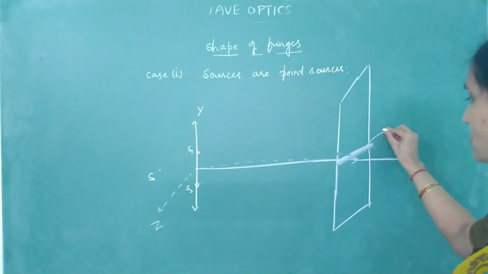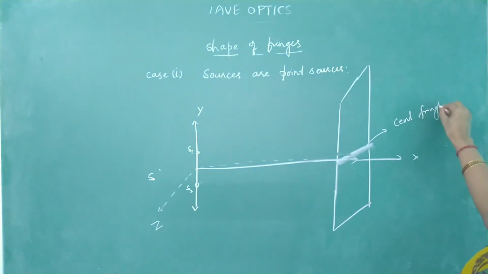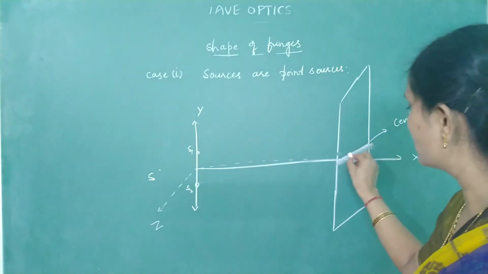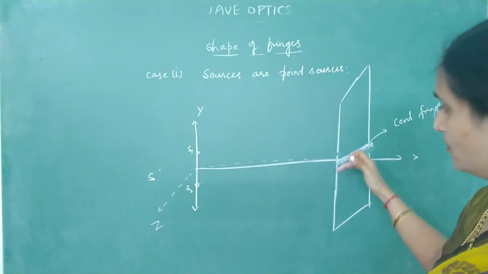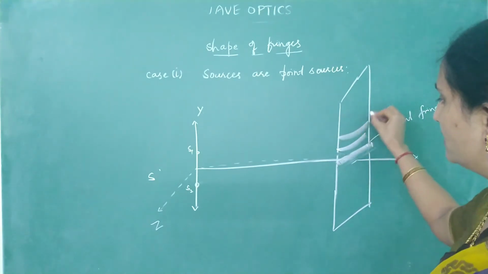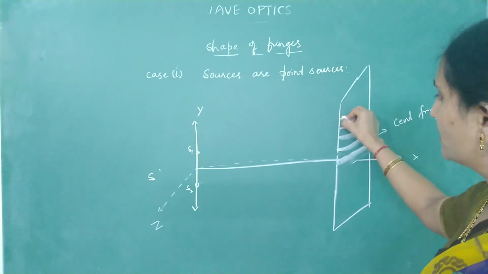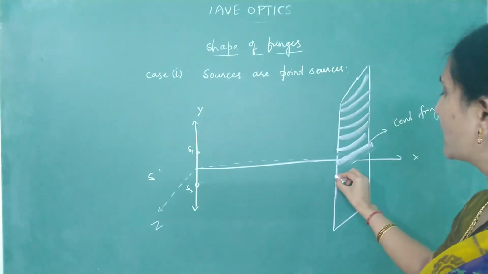So for the central fringe, if the path difference satisfies the condition for constructive interference, it will be bright and straight. But if you go for higher order fringes, it is observed that the fringes bend as you go to higher and higher orders, and the shape of the fringes is hyperbolic.